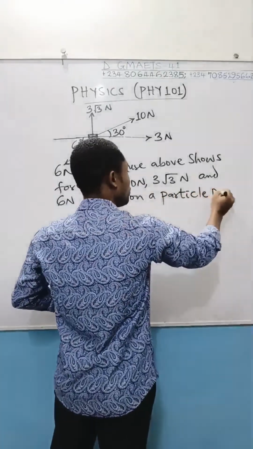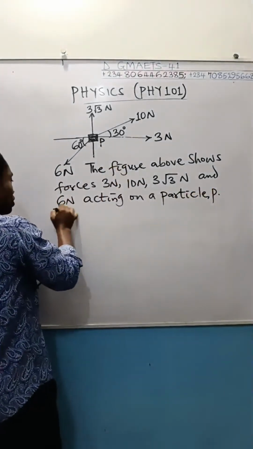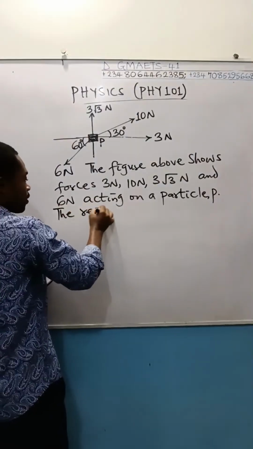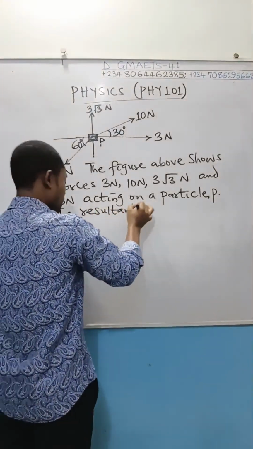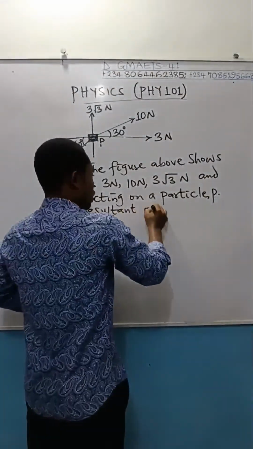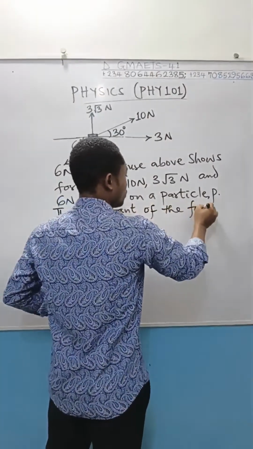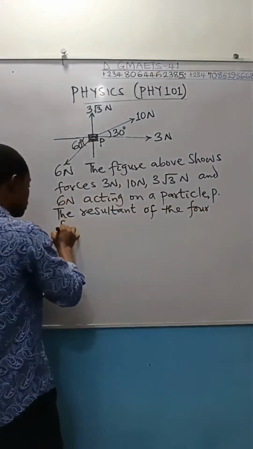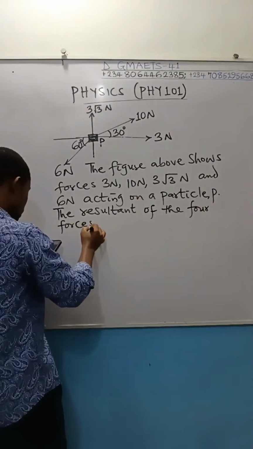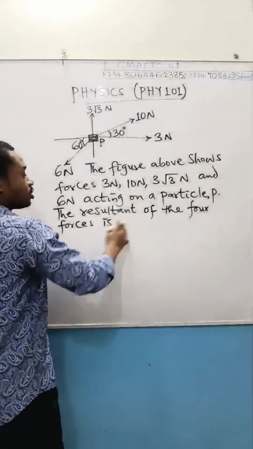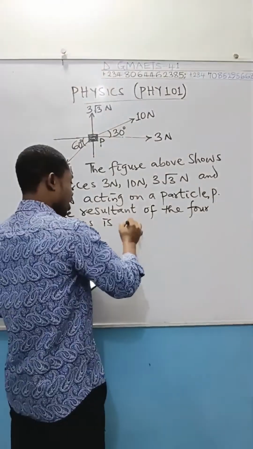The particle is called P. The resultant of the 4 forces is, so we don't know, we have the options provided.